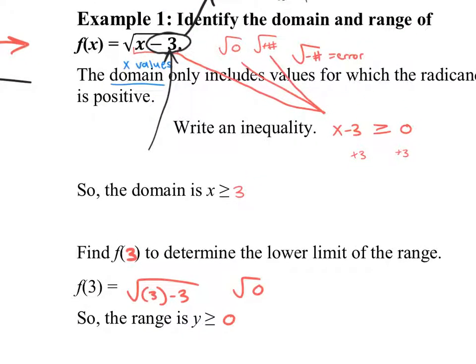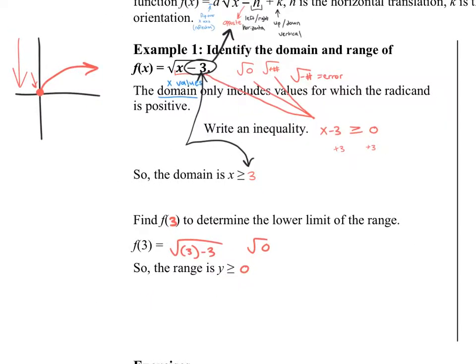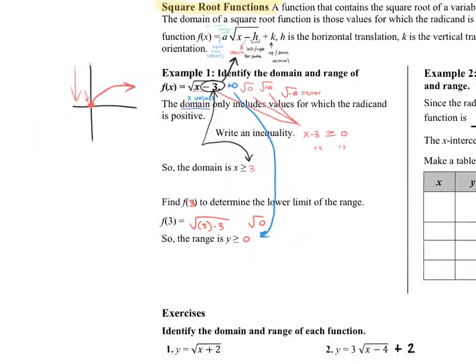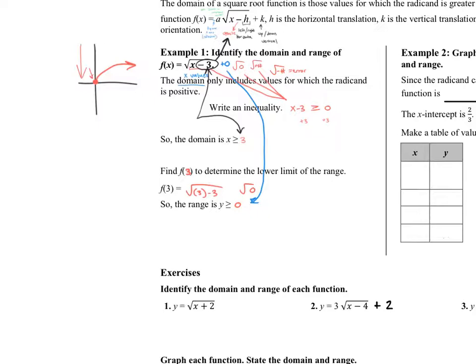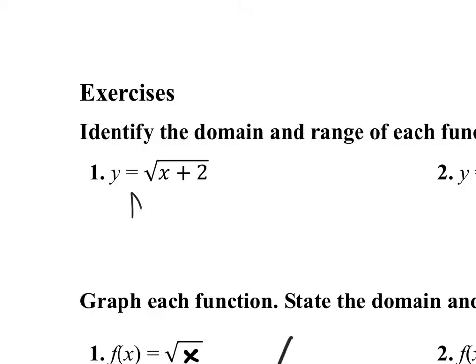So the domain will actually become whatever that h value is. And it's actually going to work the same way for the range. The range is going to become whatever the k value is. We don't have a k value on this one, so that's why the range remained unchanged. The way that's going to impact us here, though, is that we could now quickly identify what the domain and range is.